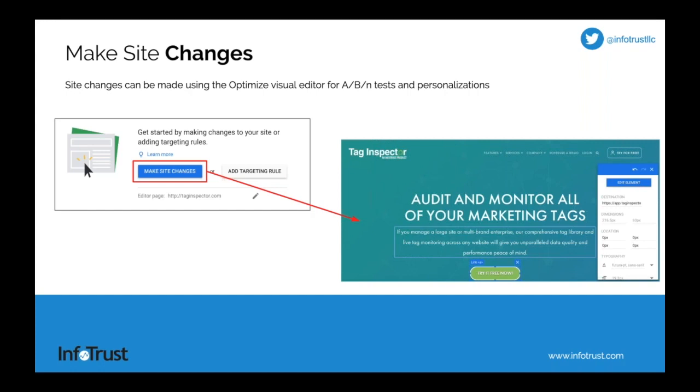If you create a variant, you would click edit variant, or for personalization, you would click make site changes. What would come up is a drag and drop visual editor where you could select a number of items. You can edit HTML, you can edit CSS, and make the changes directly to the actual interface.